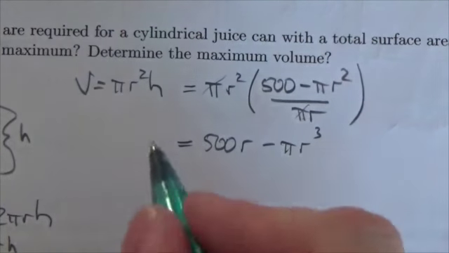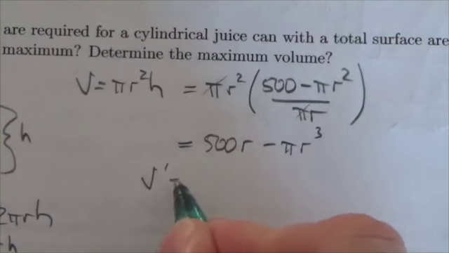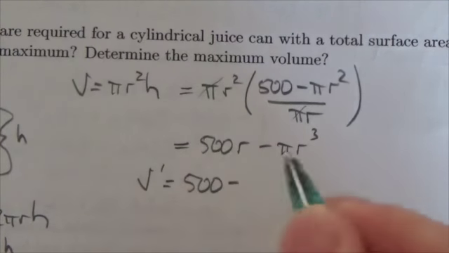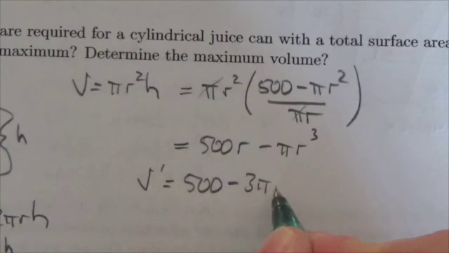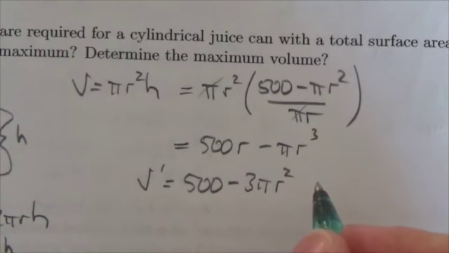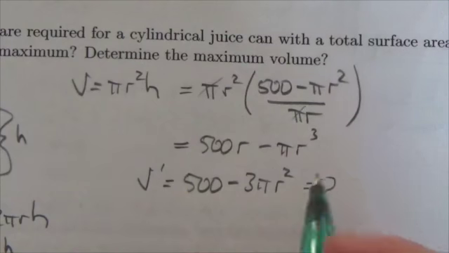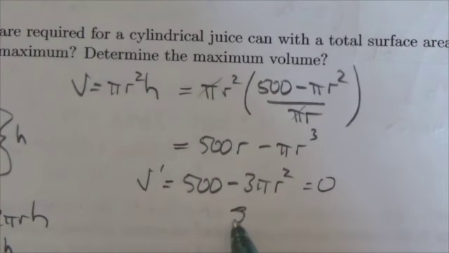Okay, and so now if we take the derivative of volume with respect to r, we'll get 500 minus 3 pi r squared. I was going to do dr by dt, but actually we're taking it with respect to r. And now set this equal to 0, because I'm looking to optimize this, and I'm going to get 500 equals 3 pi r squared.